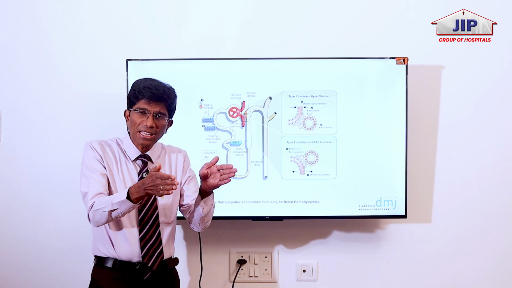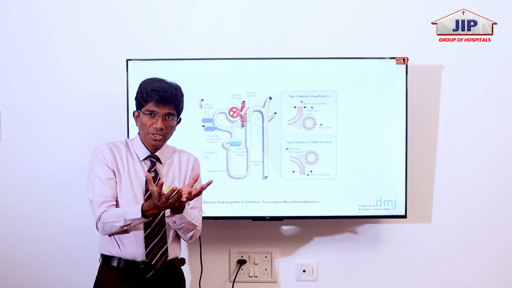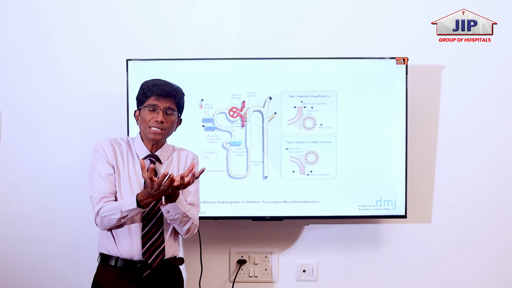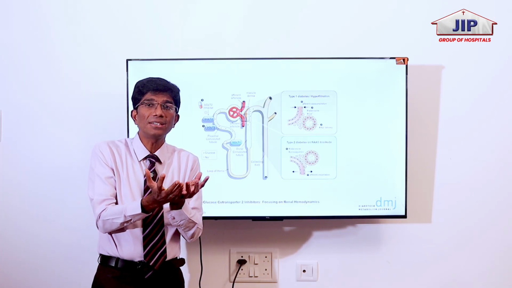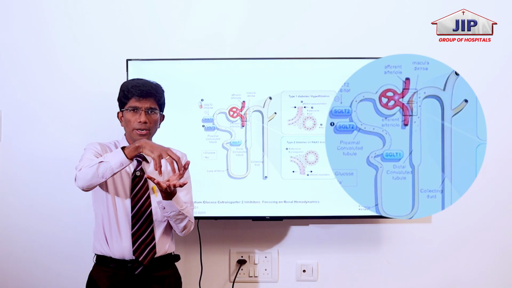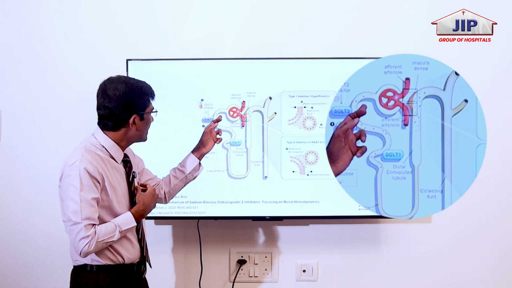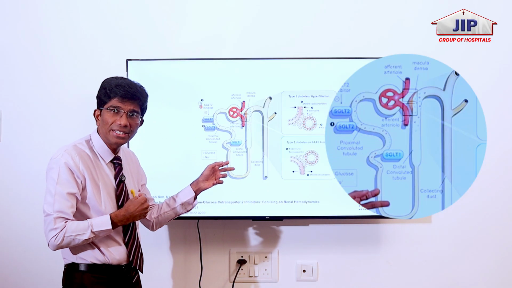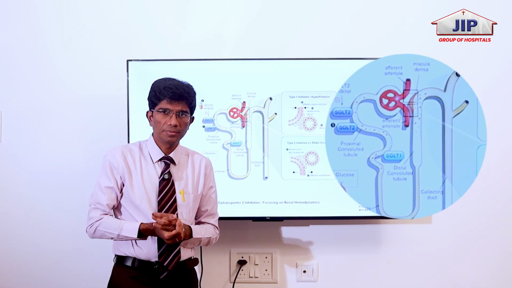When you dilate the afferent arteriole, more and more blood flows to the glomerulus. So there is increased blood flow to the glomerulus, which causes increased intraglomerular pressure. When you have increased intraglomerular pressure, what happens? The proteins are secreted into the proximal tubule, resulting in albuminuria or proteinuria.